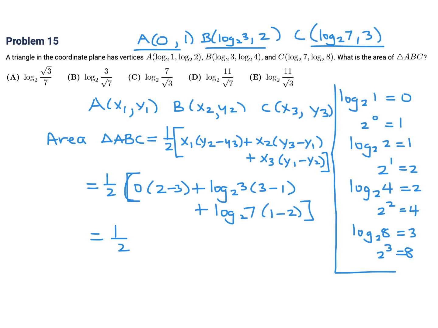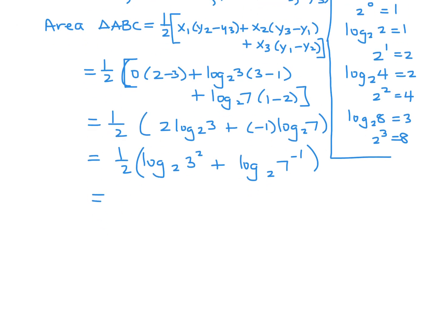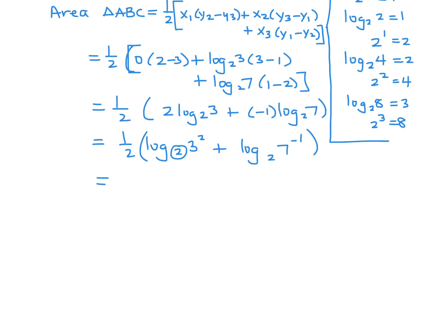Okay, so this leaves me with 2 times the log of 3 base 2 plus, actually, negative 1 times the log of 7 to the base 2. All right. So using log rules, this will be the log of 3 squared to the base 2 plus the log of 7 to the negative 1 to the base 2. Again, using log rules, we can combine these because they have the same base.